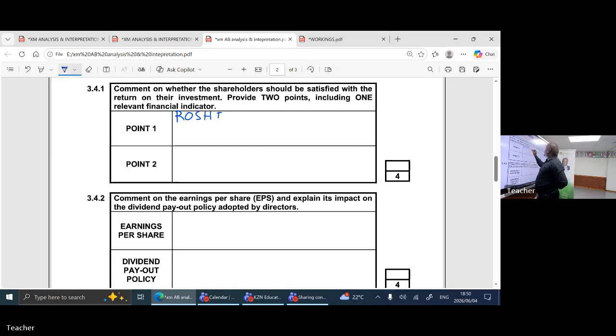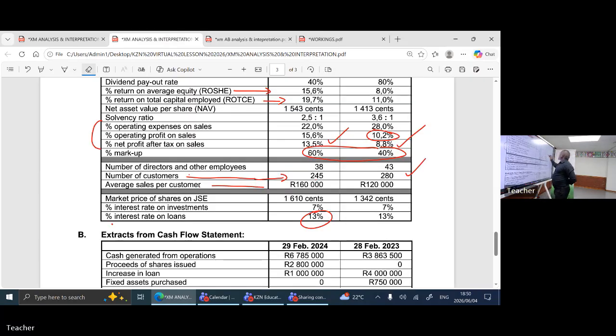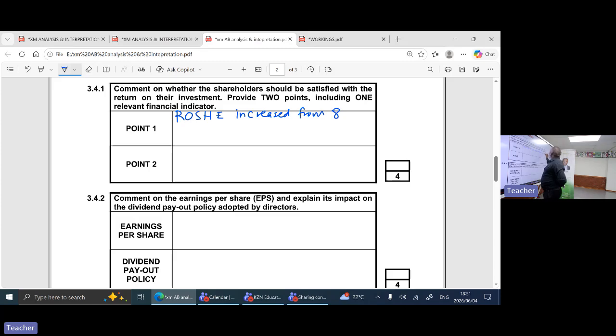ROSHE increased from 8% to 15.6%. What was the relative increase?